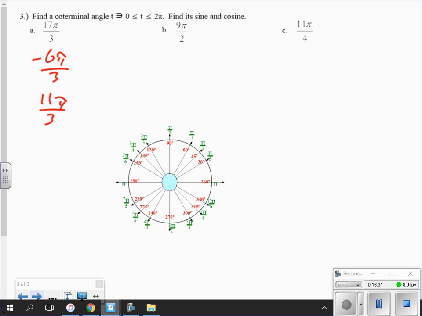Well, that doesn't work because that's still more than 2, right? 11's more than twice 3. So what do I need to do? I need to do it again. Subtract 6 pi over 3. So 11 minus 6, that's 5 pi over 3. And now I can find 5 pi over 3. That's here.